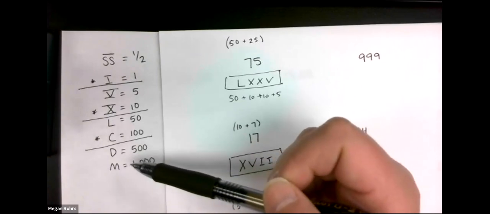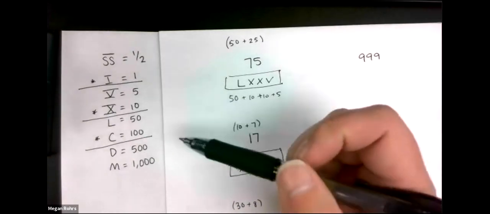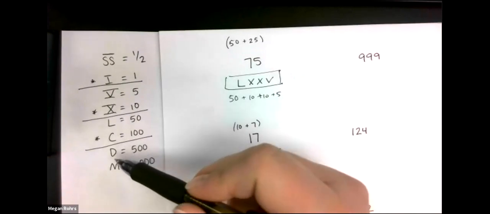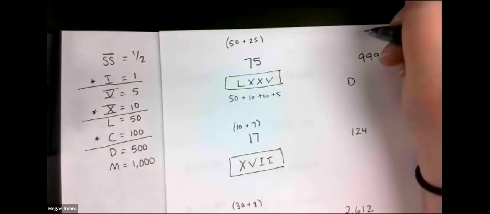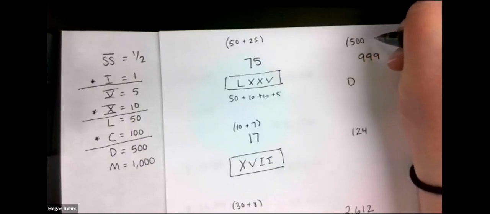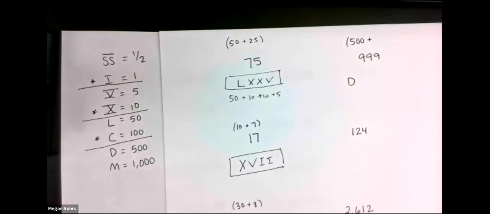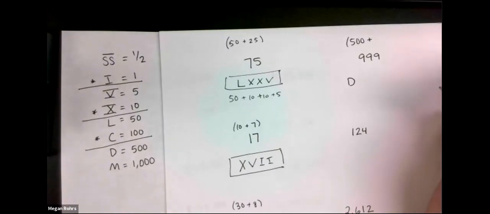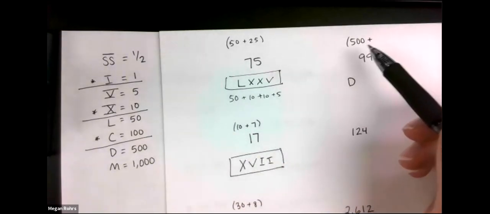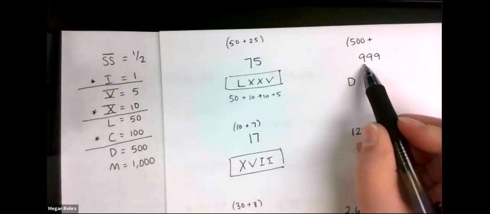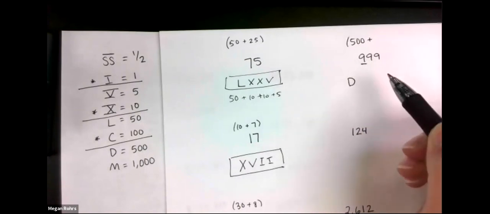Okay. So the next closest numeral would have to be 500. So we're going to start out with D. So right now we have 500. Now we need to find what would give us 900 if we're just looking at this place value first here.